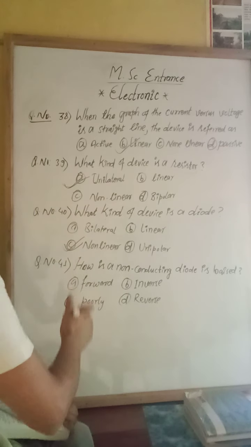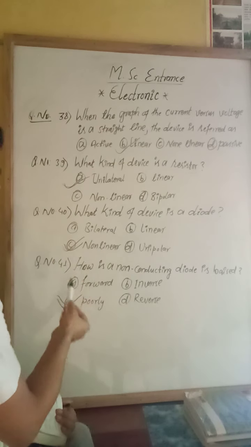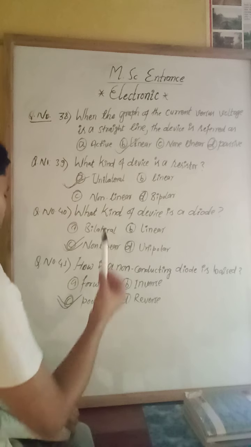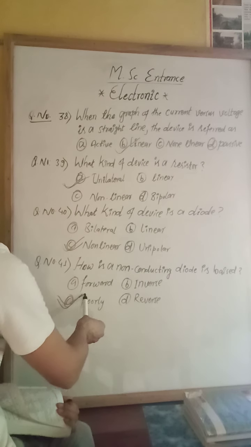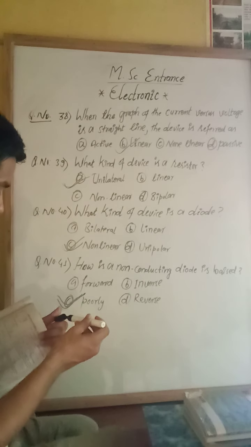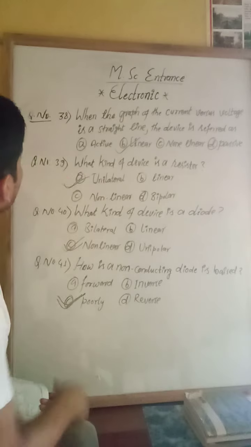The right answer is option C. If the diode is non-conducting, then its biasing is poorly biased.